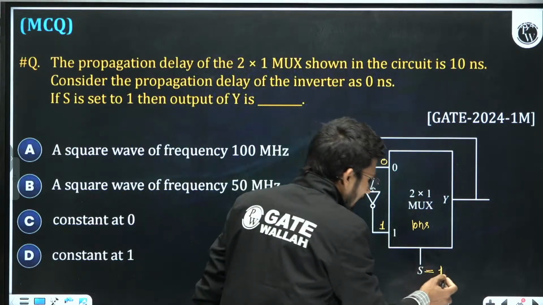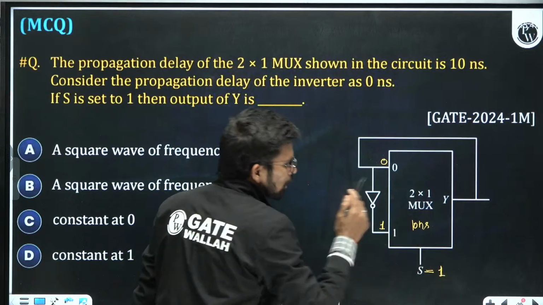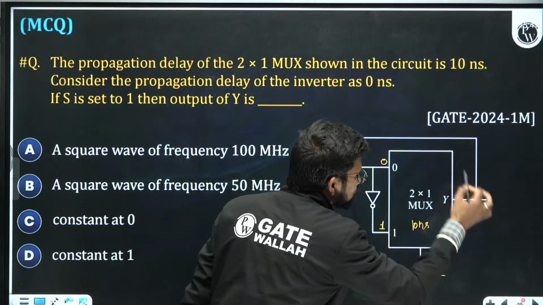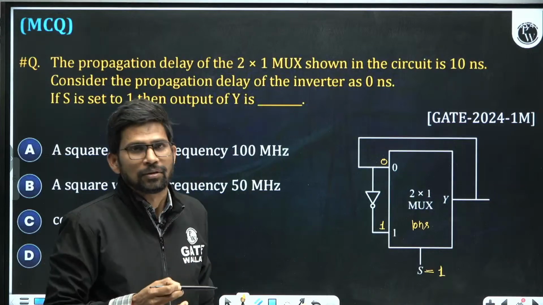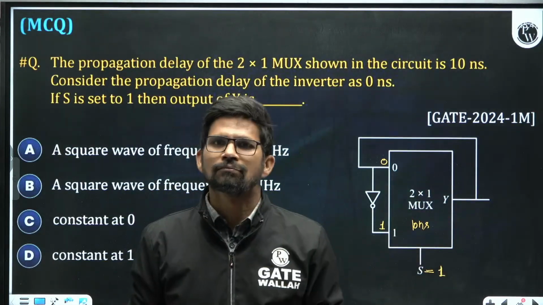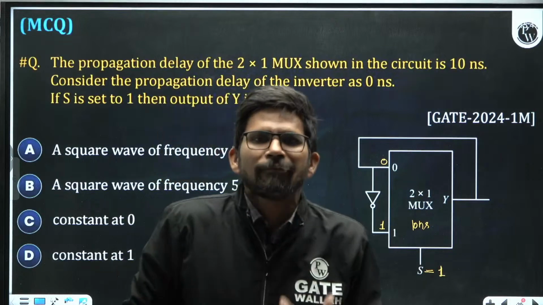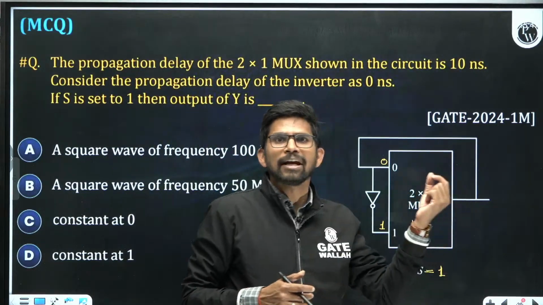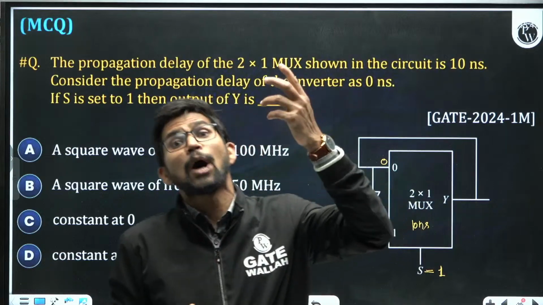Now S is equal to 1, so the mux will transfer the I1 information to the output, but this I1 will be transferred after 10 nanosecond, because the mux has a delay of 10 nanosecond. So till 10 nanosecond, Y will remain at its previous output value, that is 0.